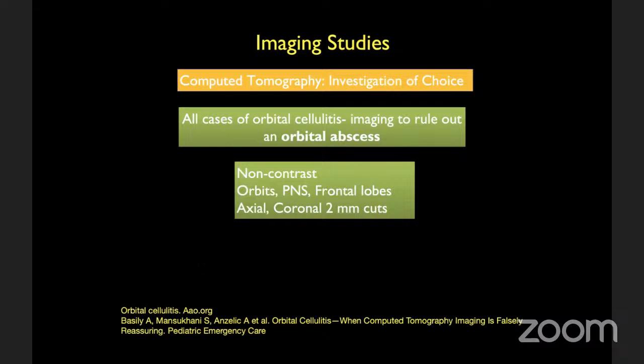And the best advice that we would give is a non-contrast CT of the orbit along with the paranasal sinuses, because that is where we would suspect the route, or rather the focus, of infection to be. So you would advise axial and coronal 2 mm cuts. That is just the investigation that we would send for ruling out the presence of an abscess, or to just generally see the progress or the condition.